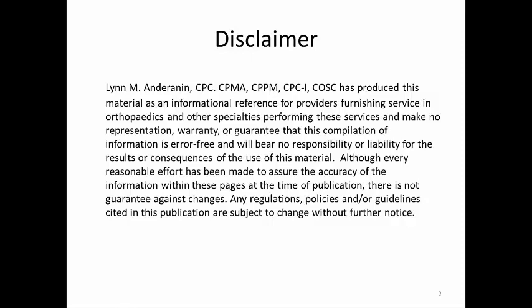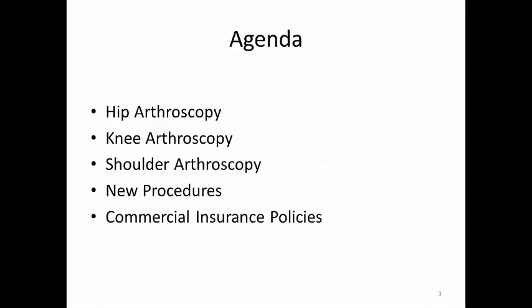So let's take a look at the agenda for today on slide number 3. You can see that we want to talk about the 3 major components, or the 3 most popular arthroscopy cases that you're probably dealing with today, and that is the hip, knee, and shoulder.